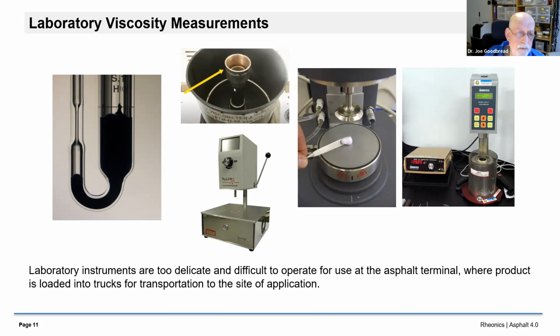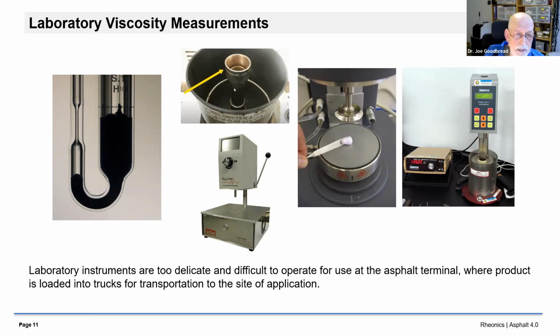So laboratory viscometers are generally not really good for field use. They tend to be very delicate, they're complex to operate, and they're time consuming to use. At the asphalt terminal, especially when it's minus 20 degrees outside, you don't want to be messing around with laboratory instruments.